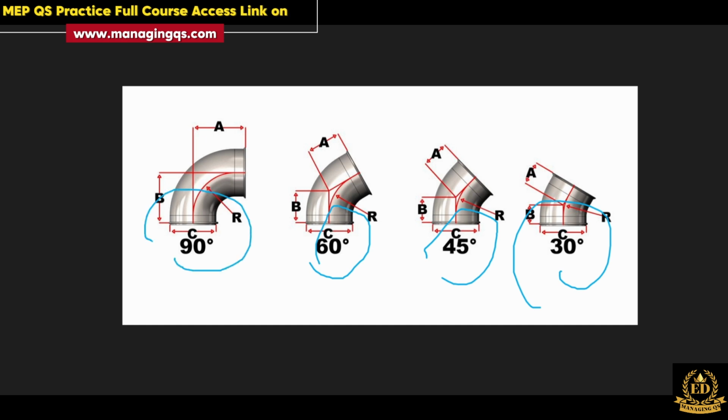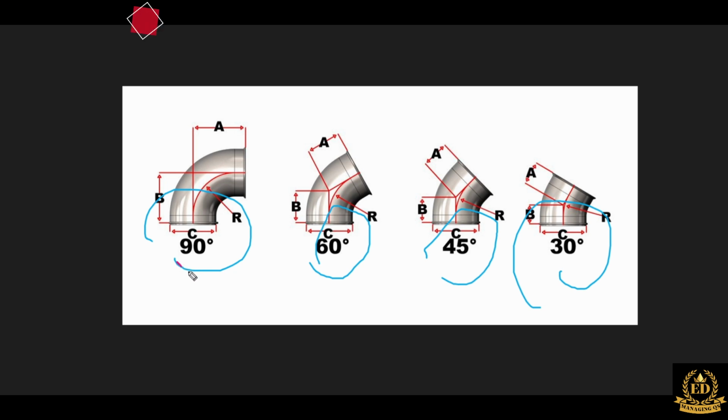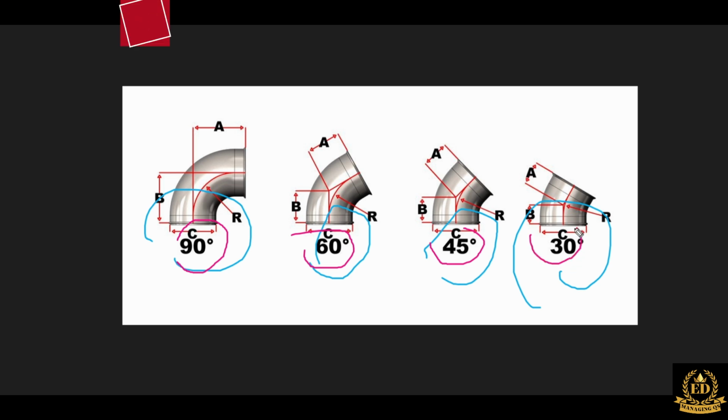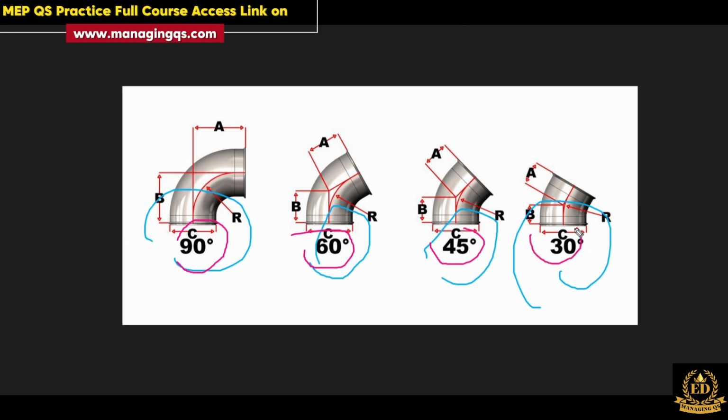But the problem is that MEP quantity surveyors get confused about how to identify these angles in the drawing. In this session we are going to discuss very clearly how to identify the angle of these elbows used in pipe work.